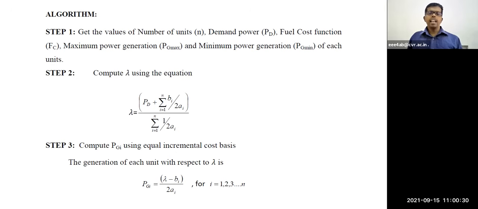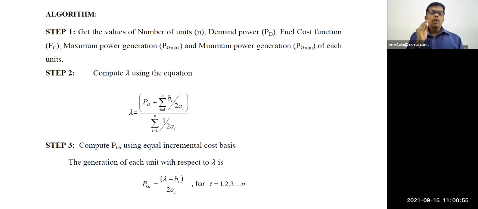Sometimes the lambda might be very large, and instead of a demand of only 1000 megawatt, PGI will come like 10,000 megawatt, 20,000 megawatt, 1 lakh megawatt, if you wrongly take the coefficients and simply proceed. So you have to be very careful while doing that problem.